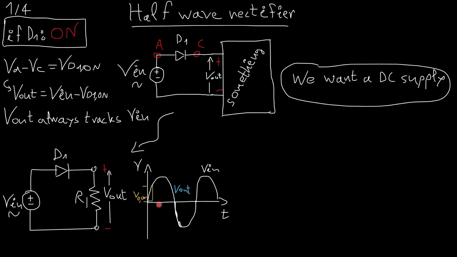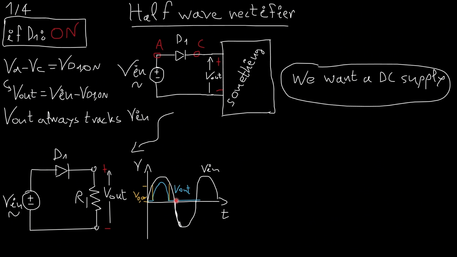When the voltage difference between the output and the input reaches 0.7, 0.8, the turn-on voltage of the device, then the diode turns on and it tracks the input, up until the voltage difference again becomes 0.7, 0.8, and the diode turns off again.